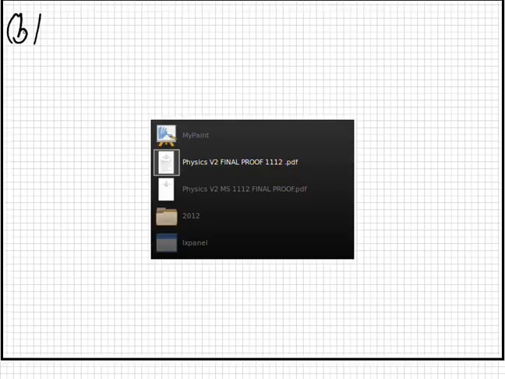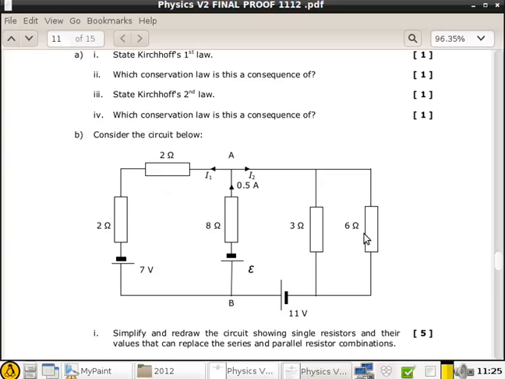So do you see where it says there, the circuit showing single resistors and their values that can replace the series and parallel resistors. In other words, if you look at the diagram here, these two resistors, you can put them together, true? Yeah. And then these two resistors, you can put them together. These are in parallel and these are in series.